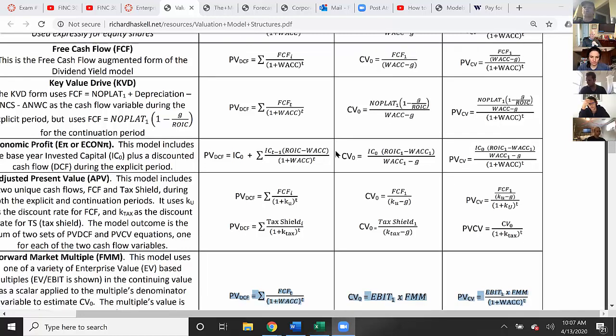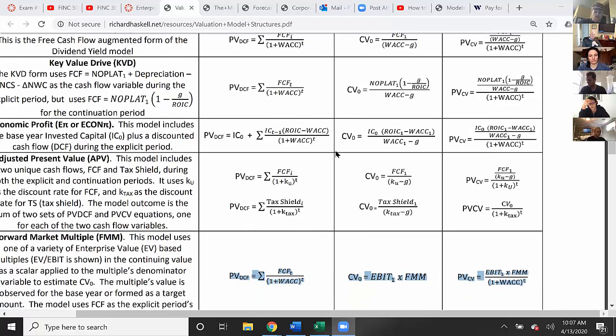But for the FMM model, we actually have a lot more inputs because we have to find FCF. So we have to find FCF, EBIT, and then NOPLAT, invested capital, ROIC, and then also use WACC. So that's how they're kind of structurally different in the continuing period, because the equations for that are different.